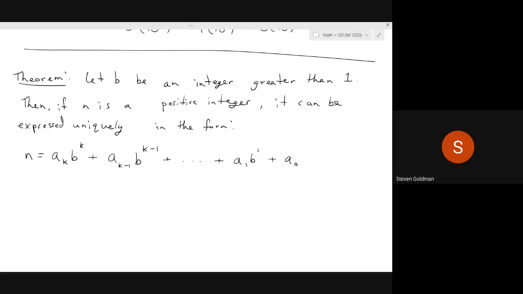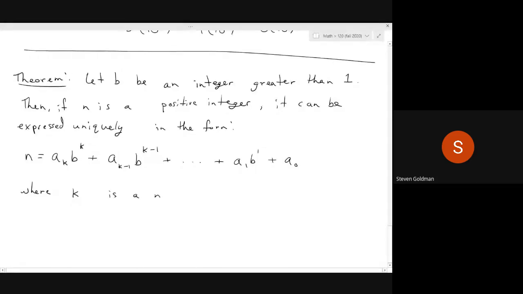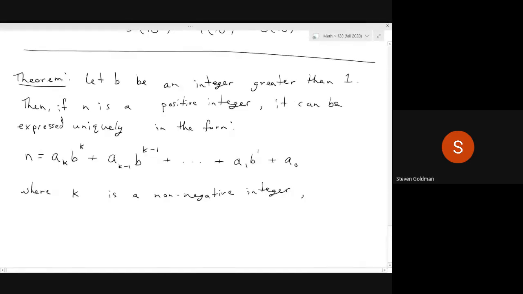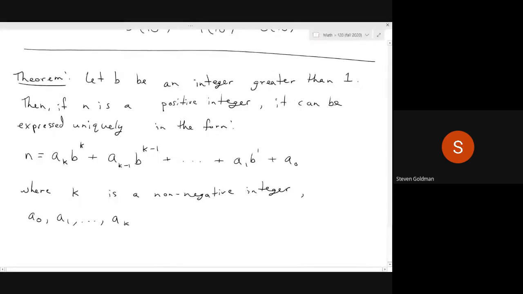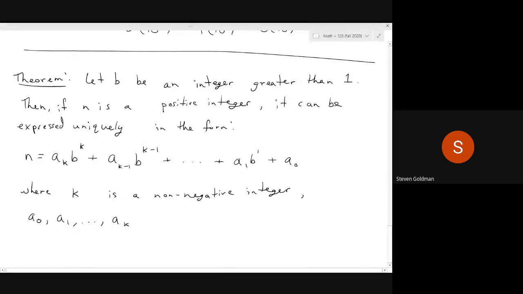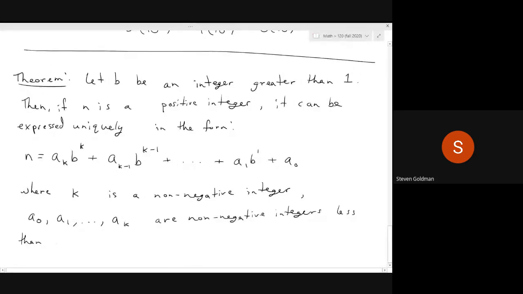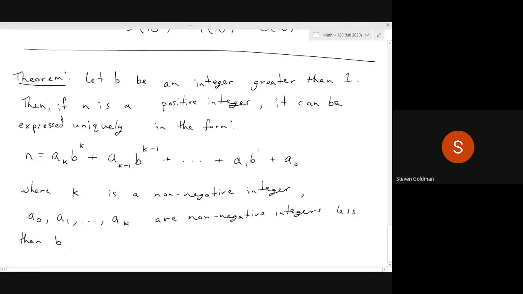So take any positive integer n. I can write it in any base I want in this form, where k is a non-negative integer, a0, a1, all the way up to a sub k are non-negative integers less than b, and a sub k is not equal to 0.